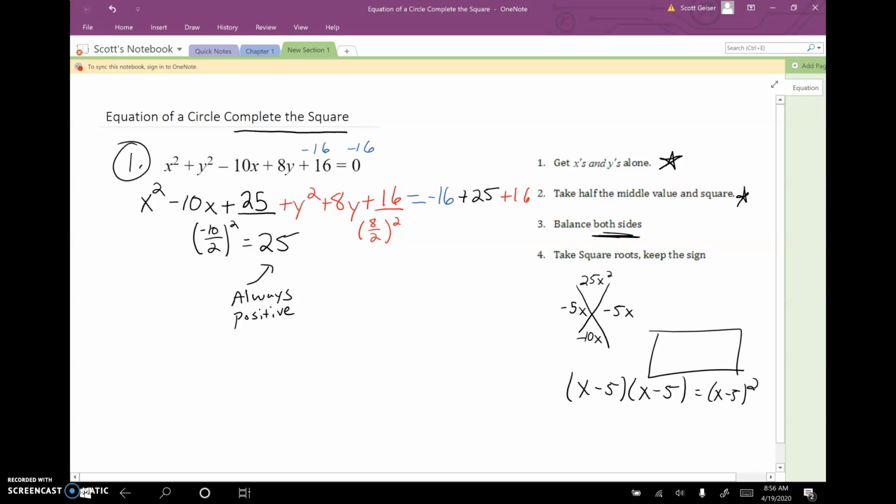So our shortcut here is we have perfect squares and we can take square roots. Okay, so the shortcut from here, this works every time. You can take the square roots and keep the sign. So to factor this, from what I see over here, the square root of x squared is just x. I'm going to bring this middle sign. Okay, the square root of 25 is 5.